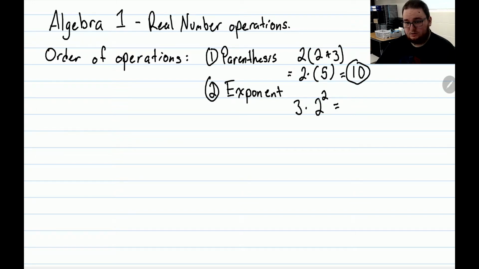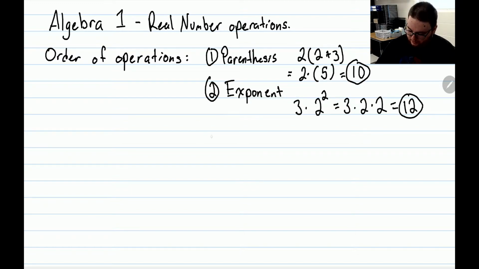So in this case, 2 with an exponent of 2 means 2 times 2. So we have 3 times 2 times 2, and then we're just going to multiply everything together. So 3 times 2 gives us 6, and 6 times 2 gives us 12. So 12 would be our final answer for this one.